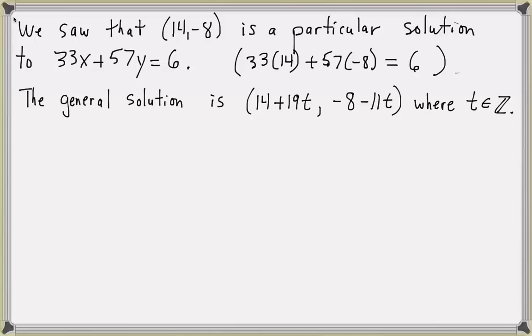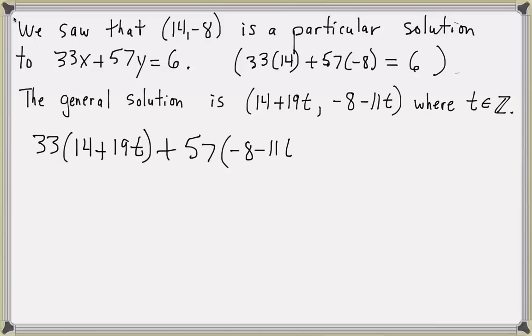Let's verify this. Let's show that this is a solution. What if I plug in 14 plus 19t for x, I'll get 33 times (14 plus 19t), and then plug in negative 8 minus 11t for y. We have to verify that this equals 6. When I distribute the 33, I get 33 times 14 plus 33 times 19t, which is 627t.